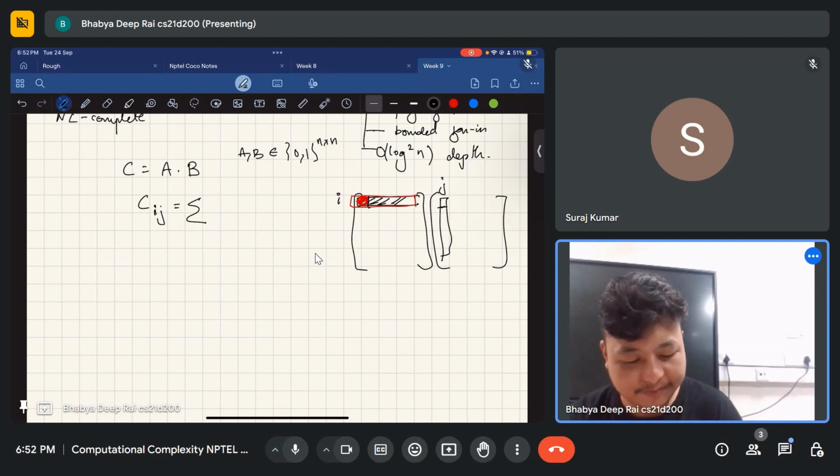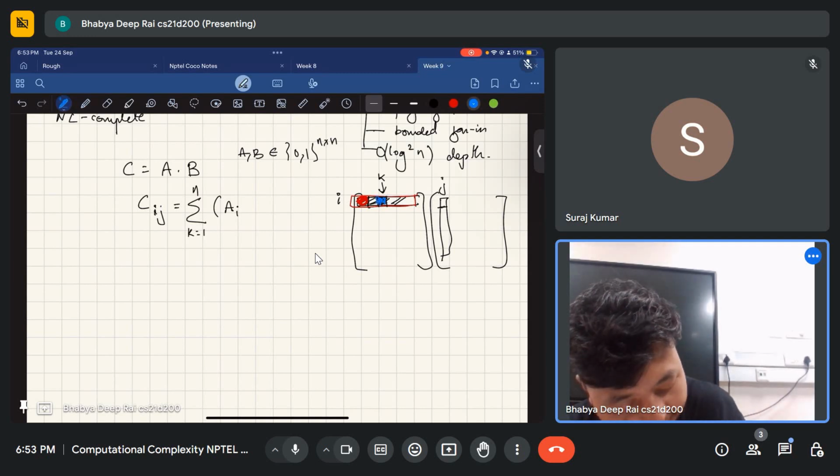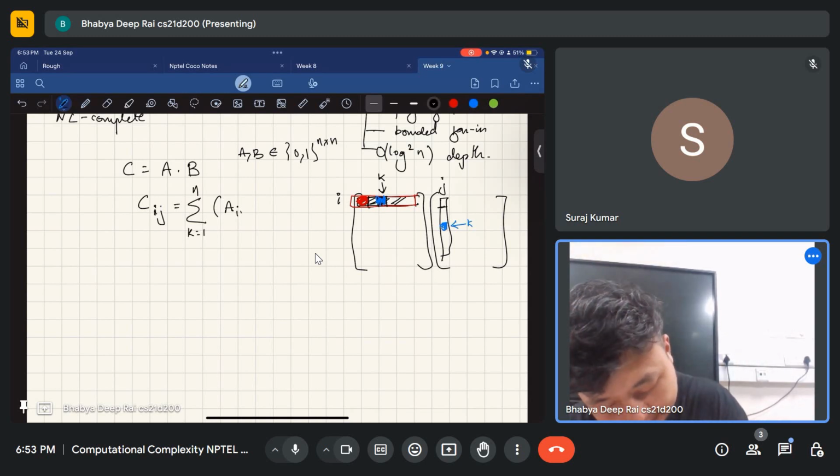I add, for K going from 1 to N, whichever place I am currently looking at, K will be multiplied with K here: A_IK times B_KJ, kth row, jth column.